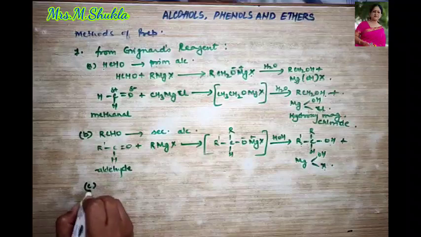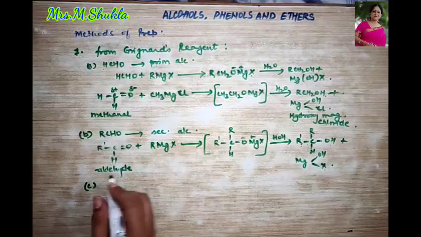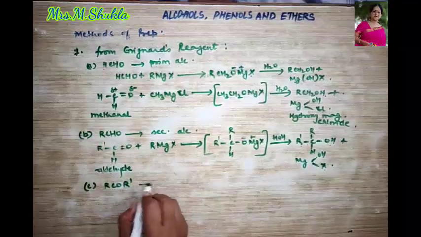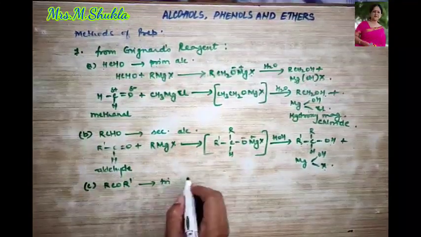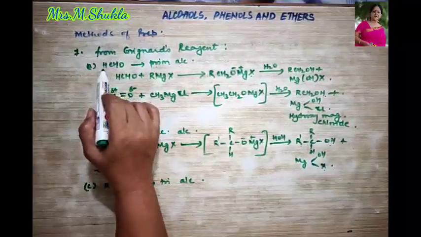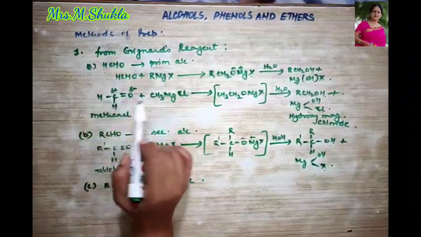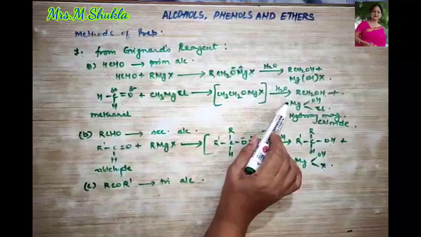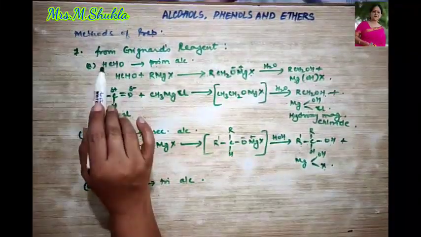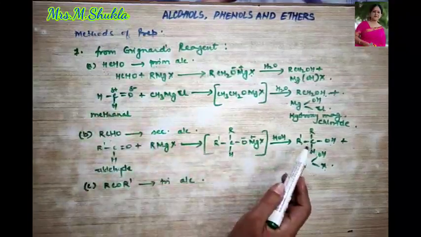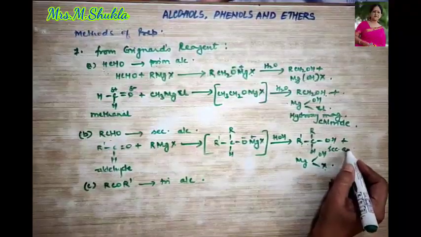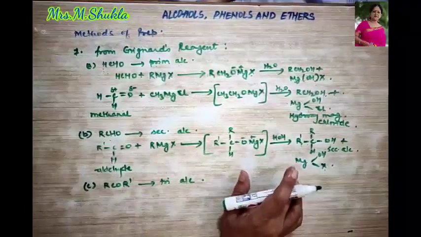Then let us look at the ester, RCOR'. This is going to form your tertiary alcohol. So formaldehyde or methanal always gives you primary alcohol. Any other aldehyde except formaldehyde gives you secondary alcohol.